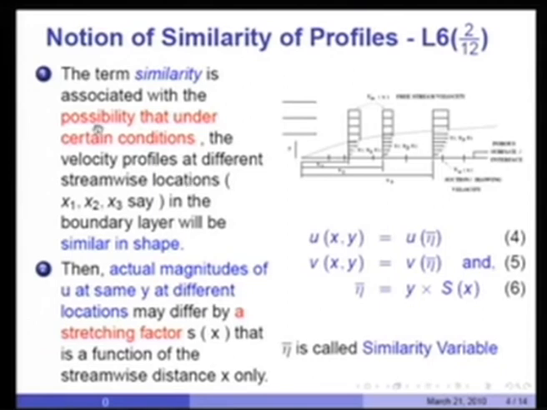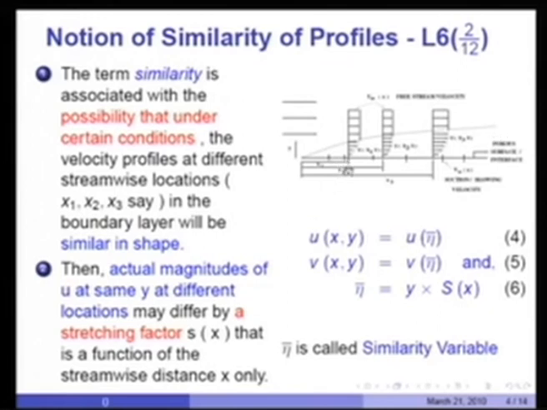The term similarity is associated with the possibility that under certain conditions the velocity profiles at different streamwise locations x 1, x 2, x 3 say in the boundary layer will be similar in shape. So, here is a surface over which the flow is flowing and the boundary layer development is taking place.